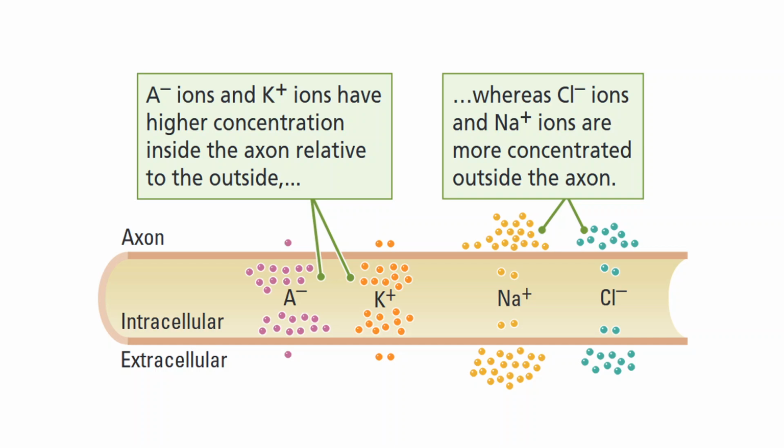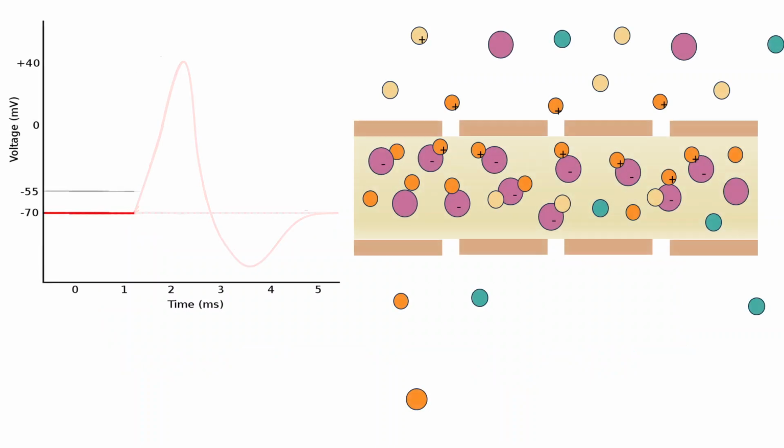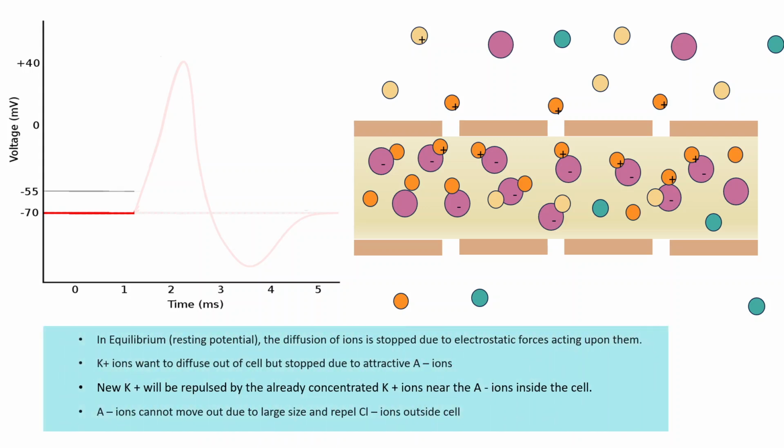Cool. So now we are going to discuss each stage of the action potential in terms of ions. Let's start with the resting potential state. At resting potential, everything is balanced. There's equilibrium, and in that equilibrium, diffusion has stopped because it has been balanced by electrostatic charges. More potassium ions cannot go outside the cell.